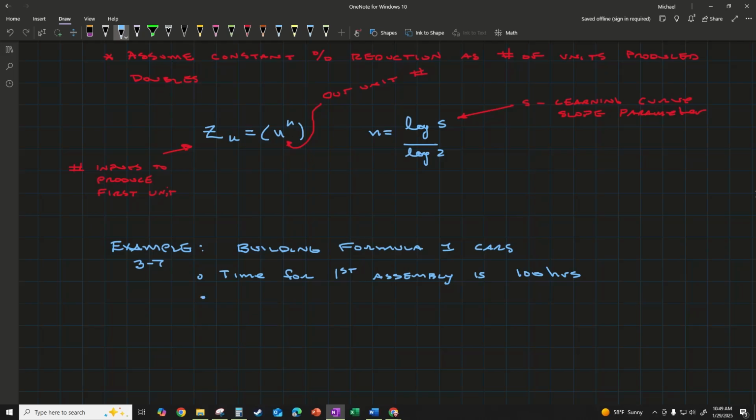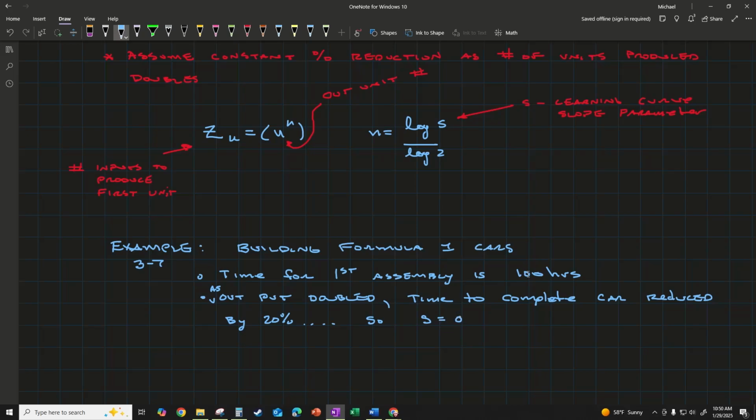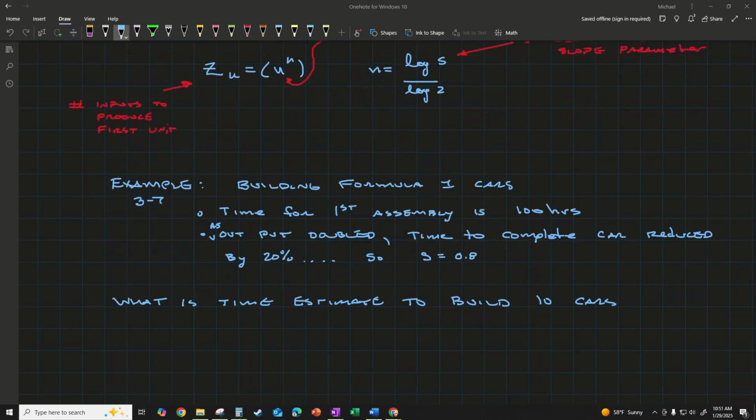Then, as output is doubled, the time to complete the car is reduced by 20%. So we can say S then equals 0.8. And so that's our learning curve slope parameter. So what's our time estimate to build 10 cars?